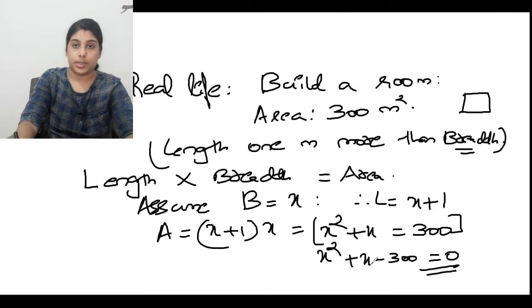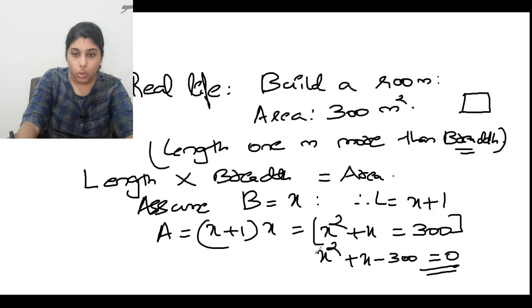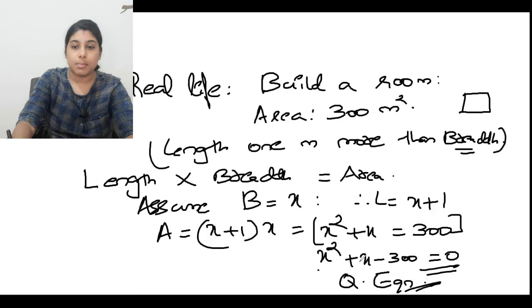And now I got an equation. This is actually a quadratic polynomial because the highest degree of the variable is 2. So quadratic polynomial is equal to 0, and now this became the quadratic equation: x square plus x minus 300 is equal to 0.